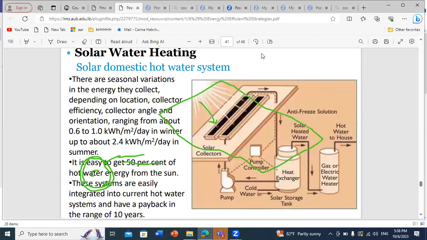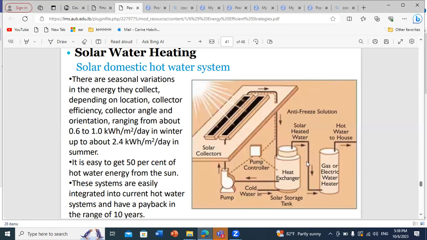Now, here we can see a solar domestic hot water system. So as we discussed before, this system consists mainly of a pump, solar collector, a heat exchanger. And here also, we are putting a backup system, which can be gas or electric water heater, in order to supply the needs whenever the solar energy is not enough.